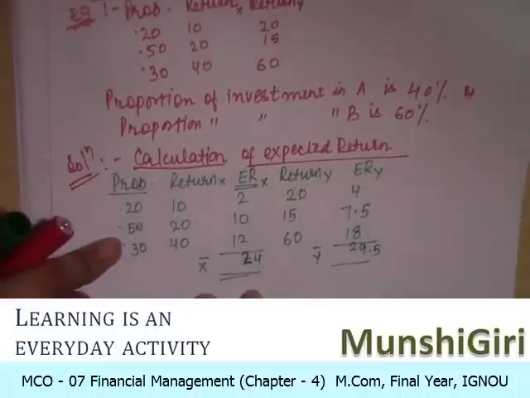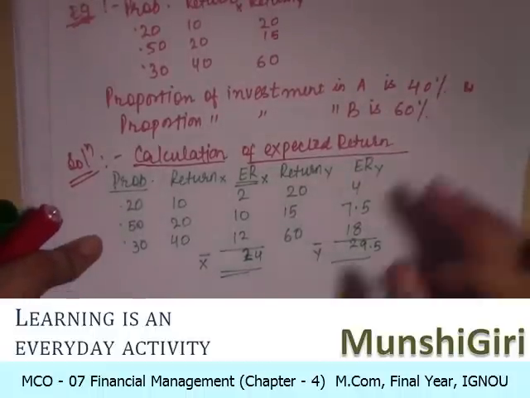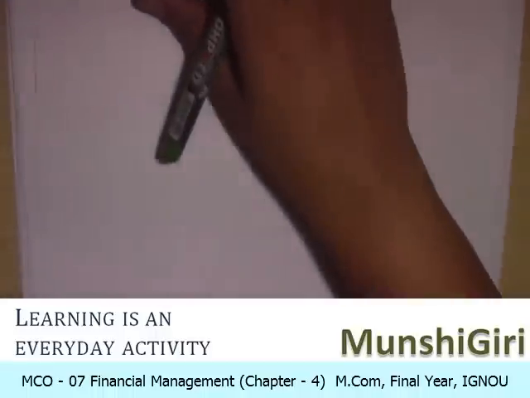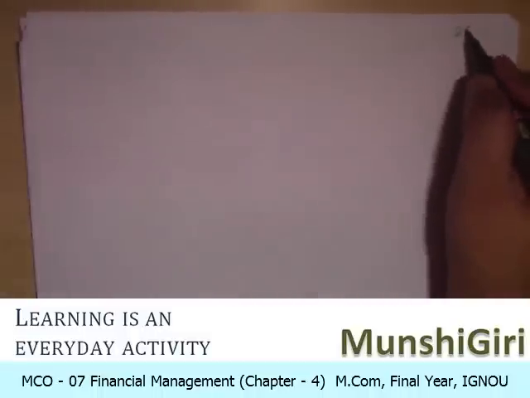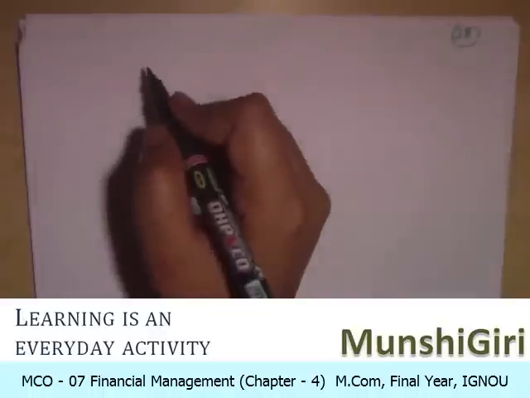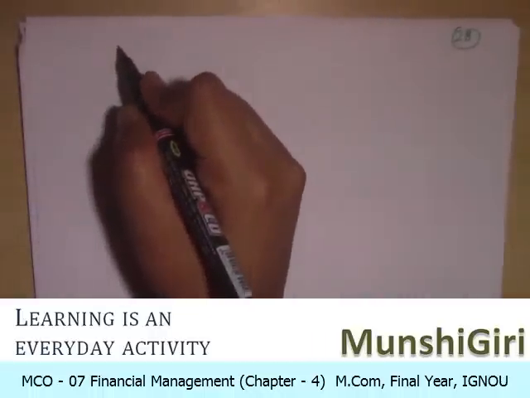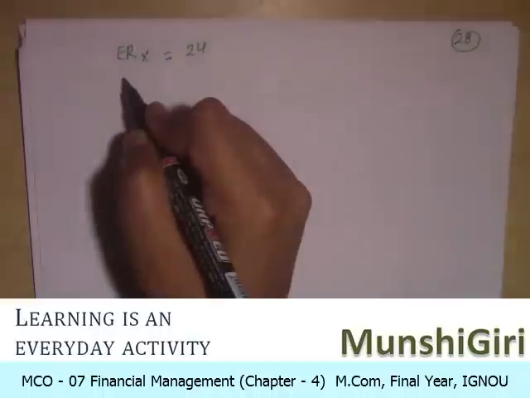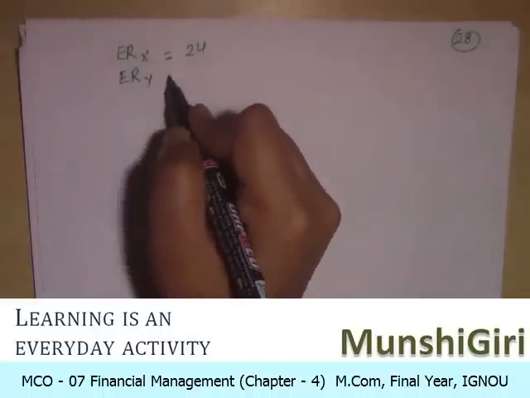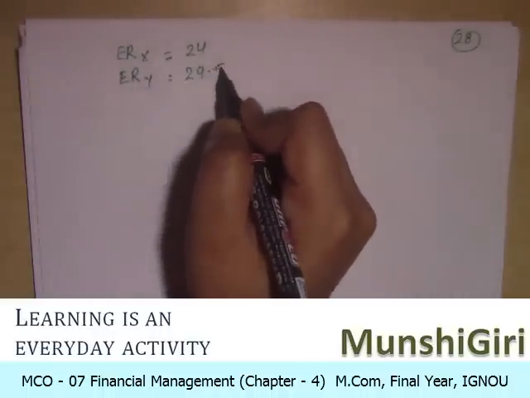Now since we have calculated the expected return of both securities, let's write it down on the next piece of paper. Expected return of security X is 24 and of security Y is 29.5.